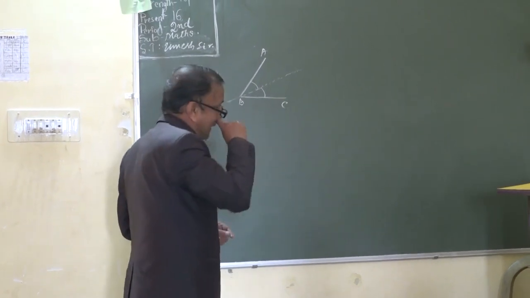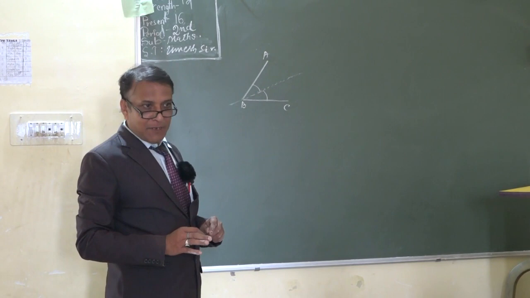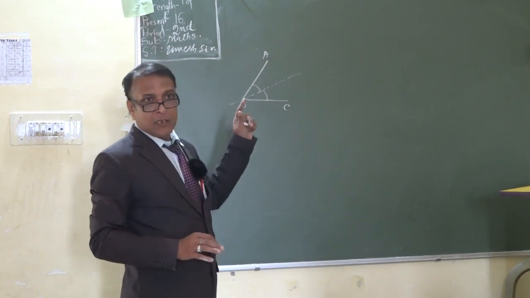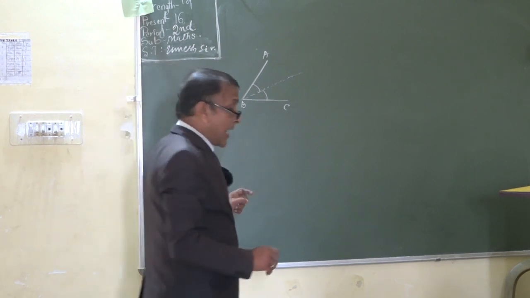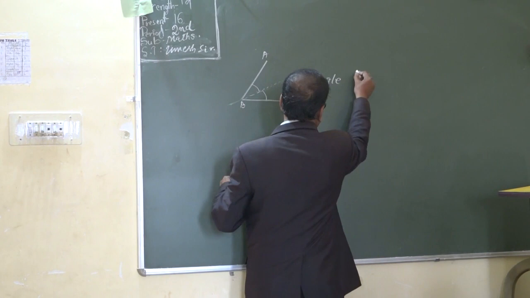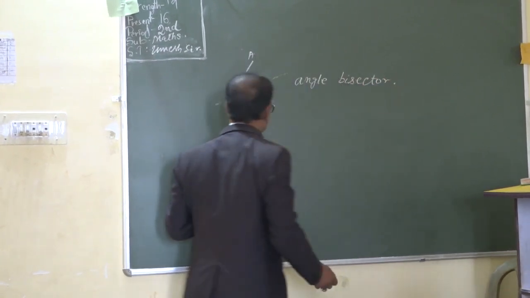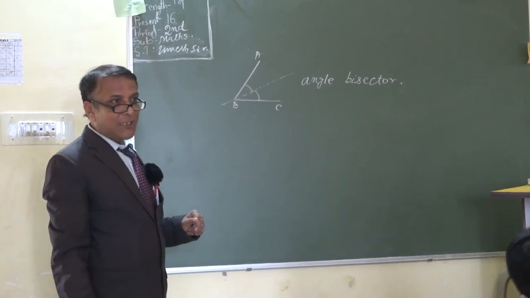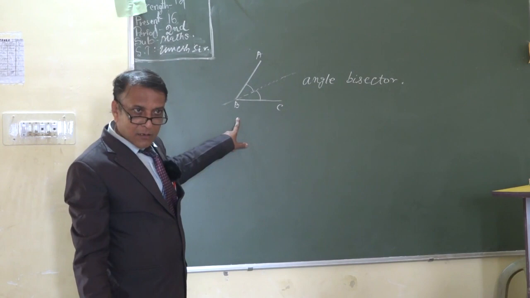If a line bisects an angle, then that is called the angle bisector. So for an angle, the symmetrical line is its angle bisector.